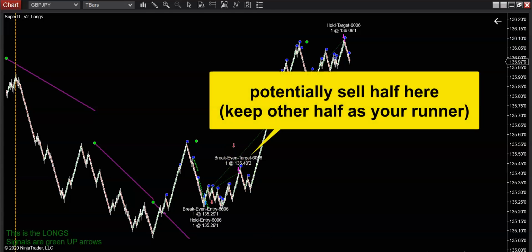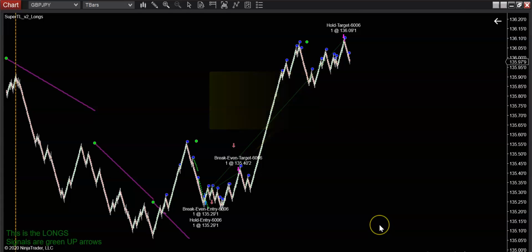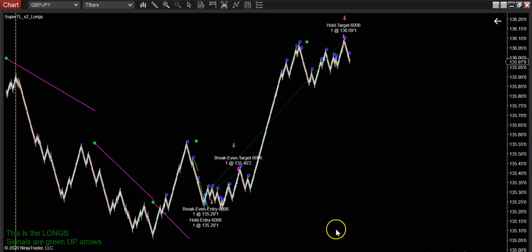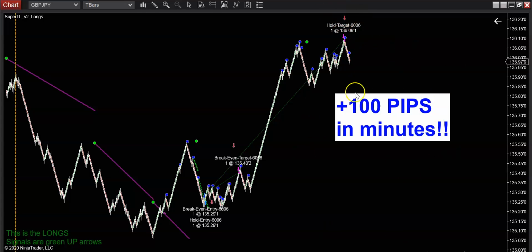And what that means is you sell half your position for break even, and you're still sitting on the second half of your position, which hopefully ends up being a big runner, which, as you can see in this case, all the way up the top, it says target. What that means is that the profit target was successfully reached all the way up here for a really nice potential 100 pip winner in just a few minutes.